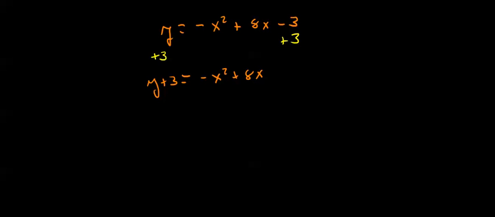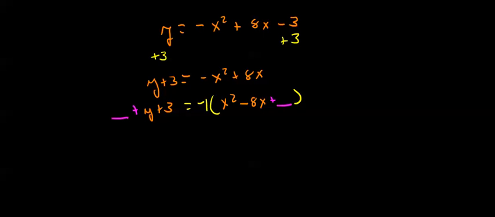Now I want to factor out that -1. We can put a 1 there if we want. And I end up with an x squared, and negative times negative is positive. We have y plus 3. And now we add something to both sides.